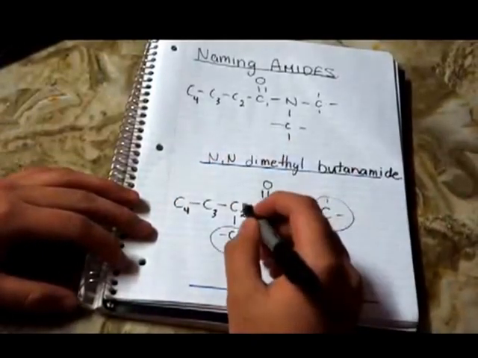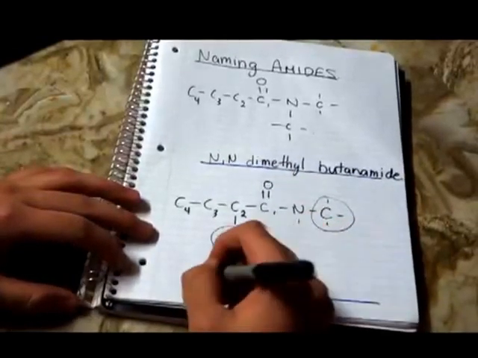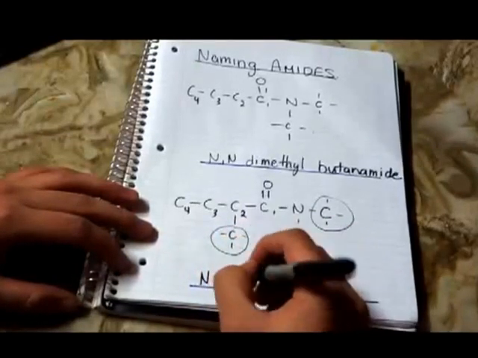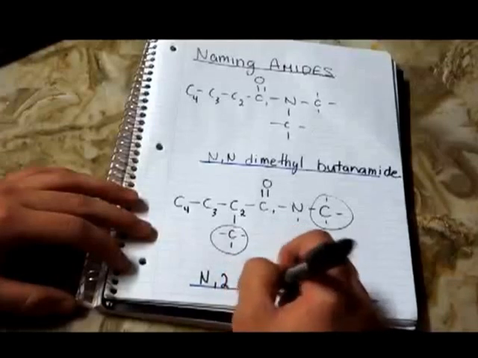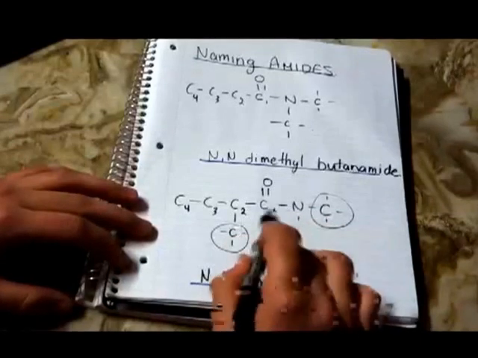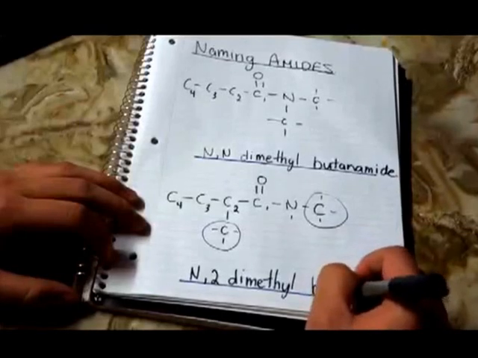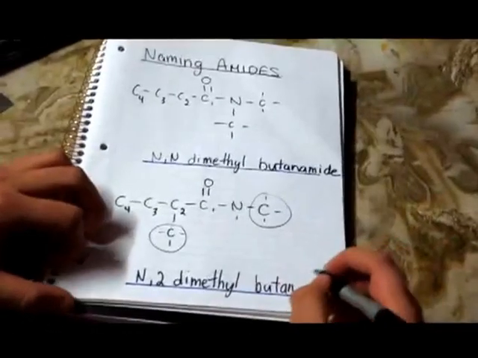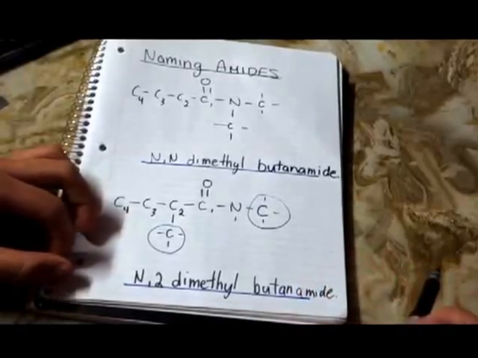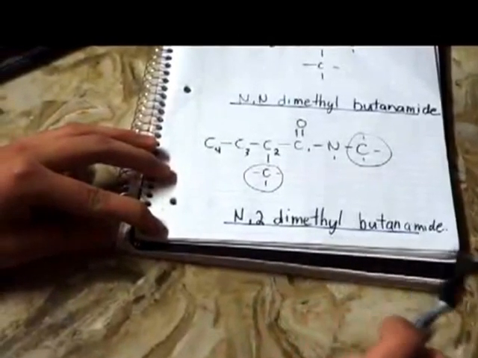This methyl chain is on the second carbon, and this methyl chain is on the N. So this will start off as N, comma 2, and since there's two chains, it's going to be dimethyl. And we see that we have 4 carbons again, like above. And since it's an amide, we have to add the amide ending. So this molecule is N,2-dimethylbutanamide.